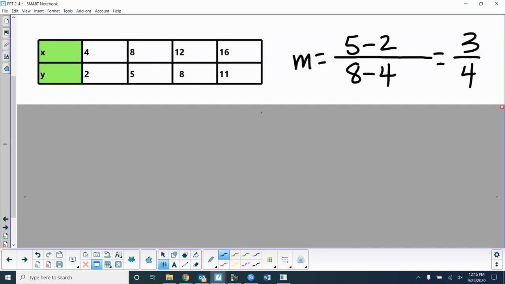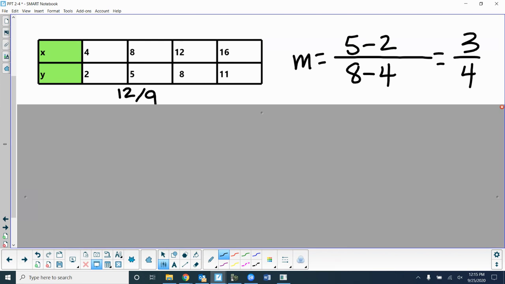Can you do 16 minus 4 and 11 minus 2? Yes. What's 16 minus 4? 12. What's 11 minus 2? 9. Divide 3 into them. What's wrong with it? That doesn't work.